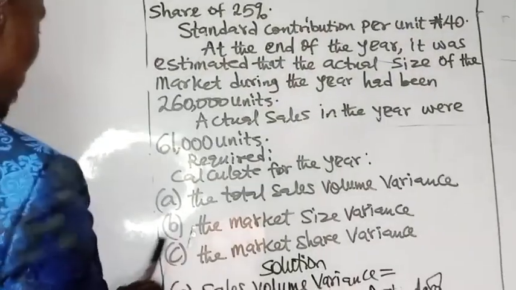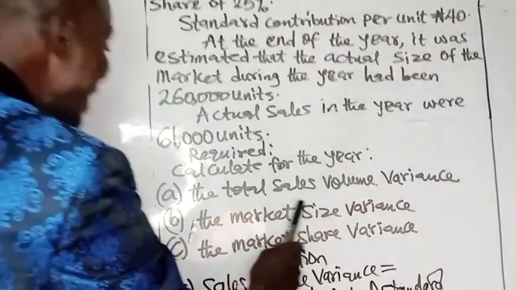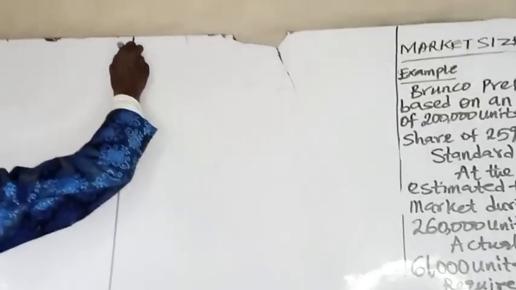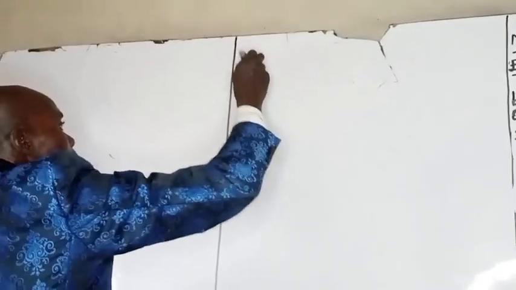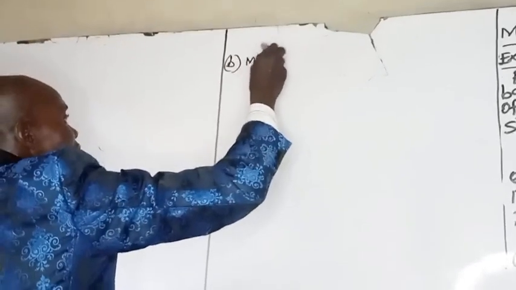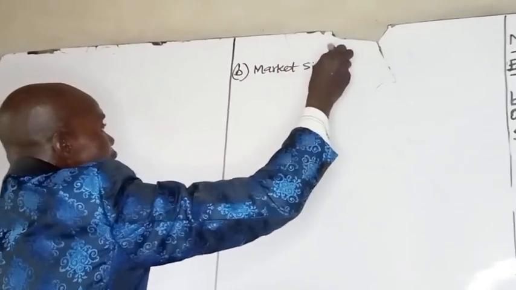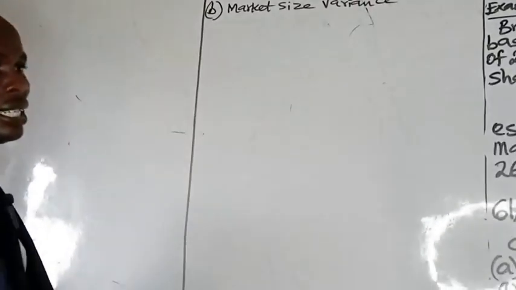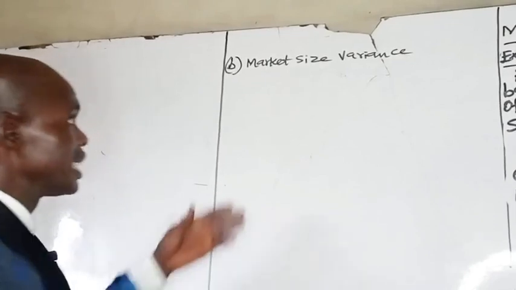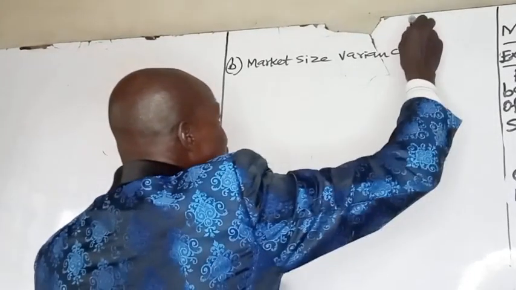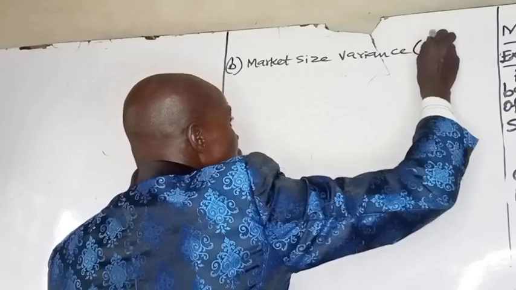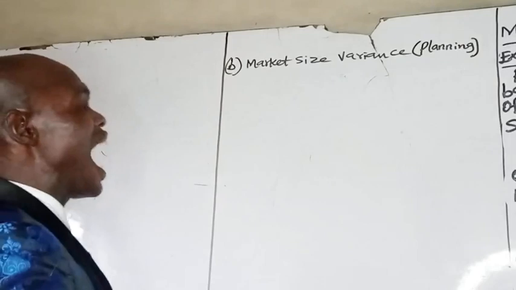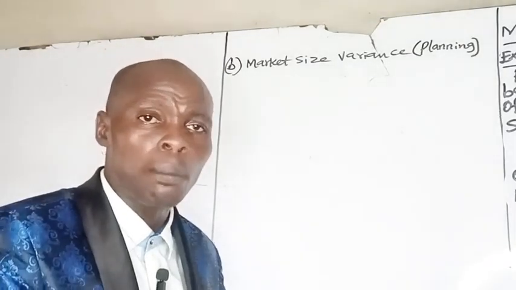Now, B, the market size variance. You have to calculate the market size variance. I've told you that this can be calculated in two ways. Market size variance, I've told you, is the planning variance. Remember, in our planning variance, you are comparing the ex ante with the ex post.